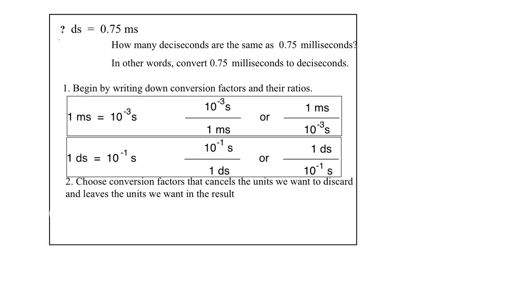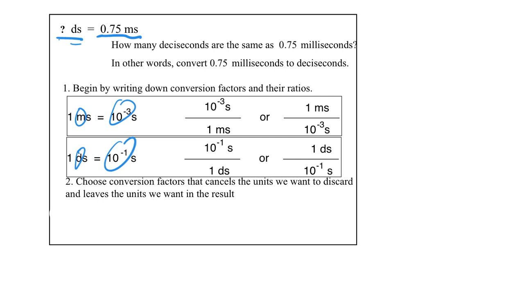Let's do another one. We're going from 0.75 milliseconds to how many deciseconds? Okay, so again, I'd have to look up what milli stands for, and what deci stands for, if you don't know them, on the table.